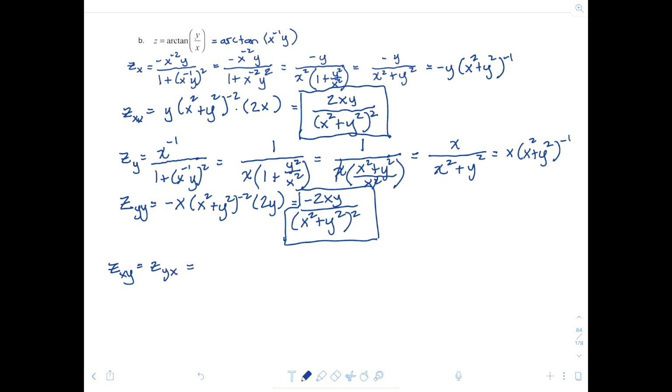Now we need to remember that zxy equals zyx. So let's see. It's going to be pretty similar. Why don't we just go ahead and take the one that doesn't have a negative, which is zy. So let's go ahead and find the first partial derivative with respect to x of zy.